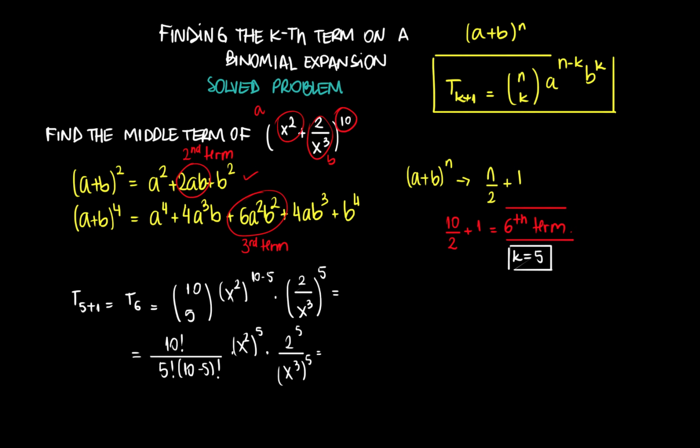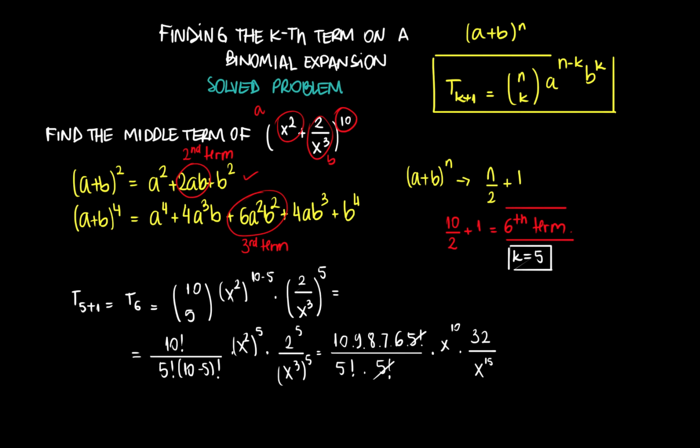So we have 10 factorial, which is 10 times 9 times 8 times 7 times 6 times 5 factorial, over 5 factorial times 5 factorial also. We can cancel out these, times x to the power of 10, which is 2 times 5, times 2 to the power of 5, which is equal to 32. So we have 32 in the numerator, and x to the power of 15 over here.